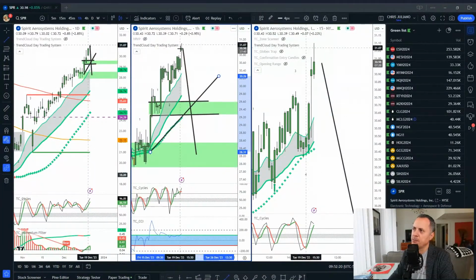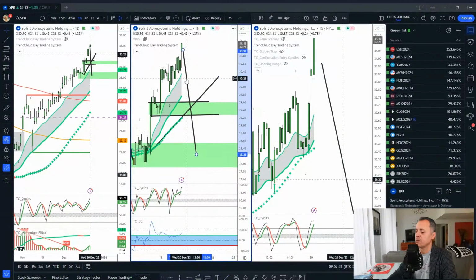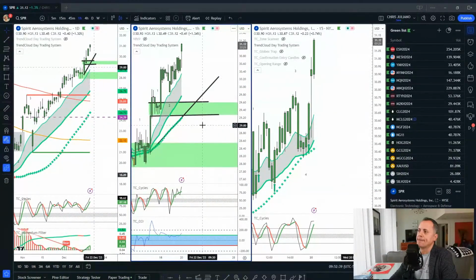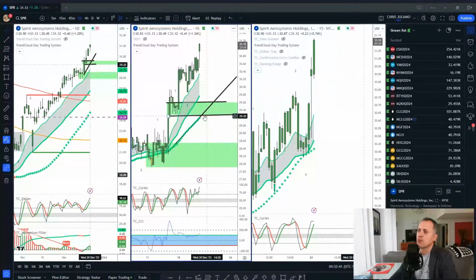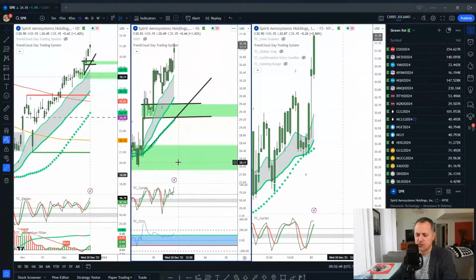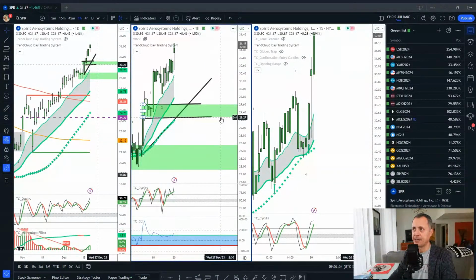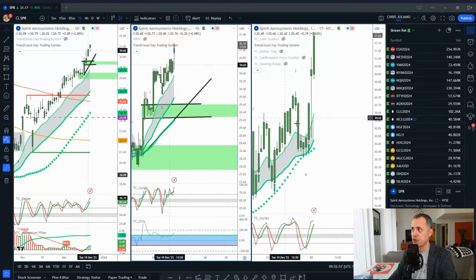So the pullback, if this becomes extended, it's already extended on the 4-hour. This really does want to do some kind of trend reversal on your lower time frames, right? So on that hourly chart, wait for that pullback. You'll see the crossover, and you can start accumulating down here. And you can also start accumulating on the crossover back to the upside on that 1-hour chart.